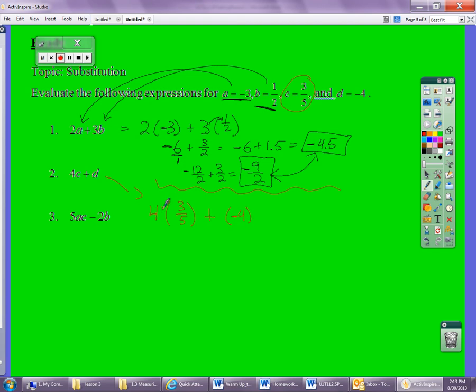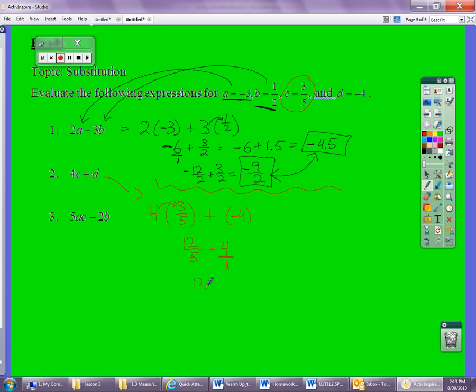So when we multiply these, I'm going to do 4 times 3, which is going to give me 12 over 5. Because we multiply the numerators, and there is no denominator with the 4, so we just have 12 over 5. And then we have minus 4. So now to combine our fractions, we have to give them the same denominators.